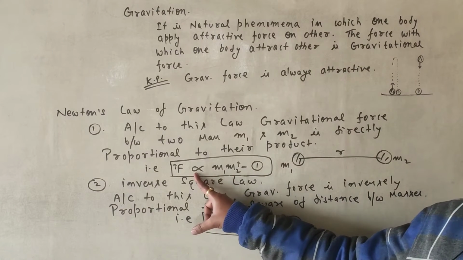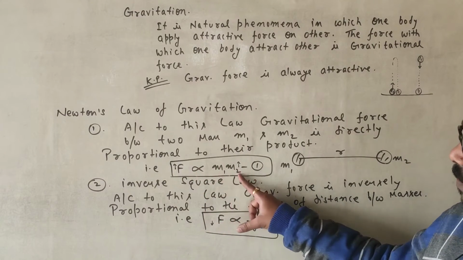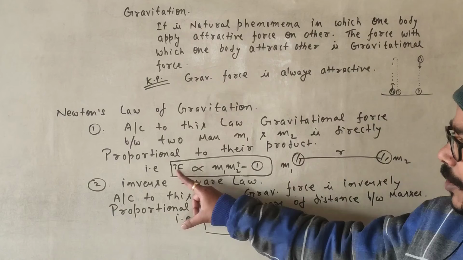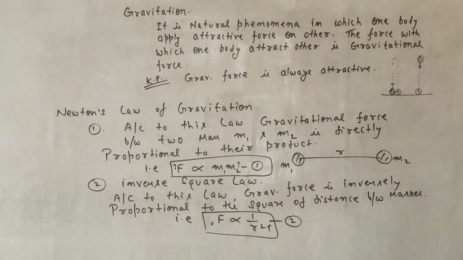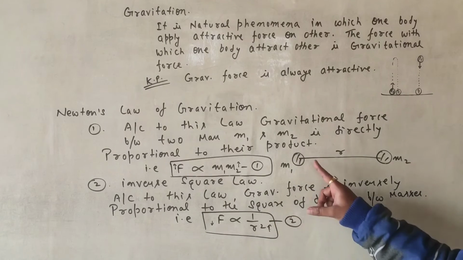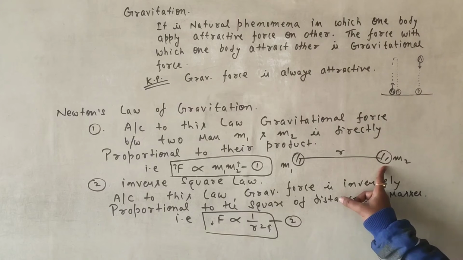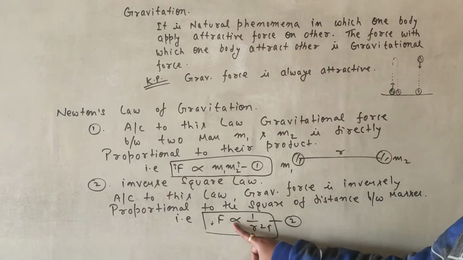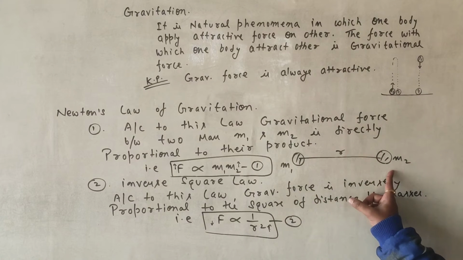What do you mean by directly proportional? Directly proportional means that if the product of masses increases, force also increases. If the product of masses decreases, force also decreases. In the second law, Newton says that the gravitational force with which both masses attract each other is inversely proportional to the square of the distance between them.